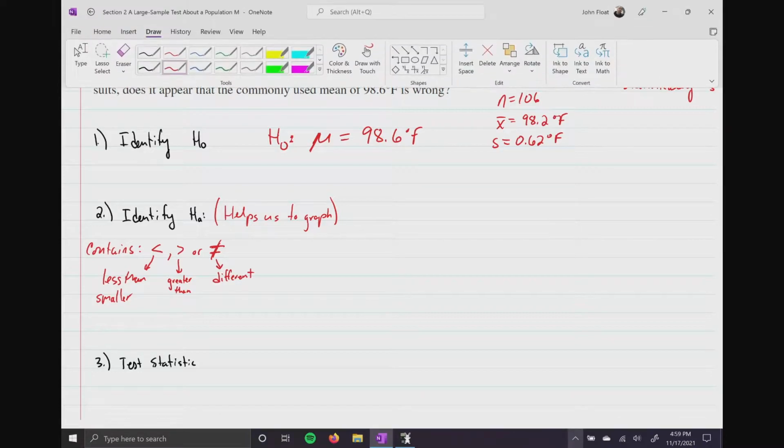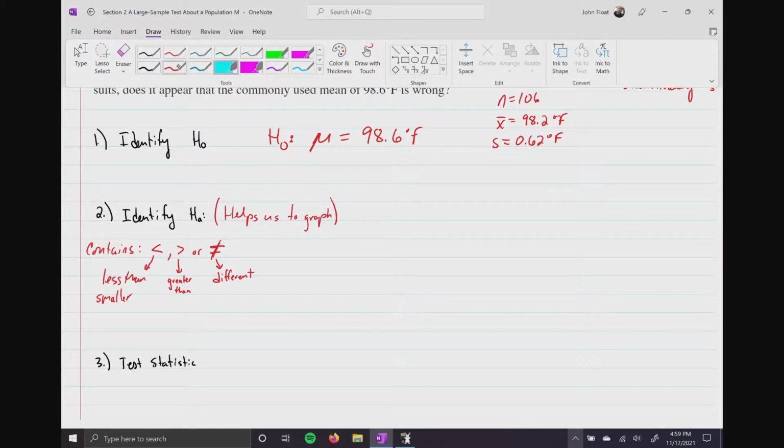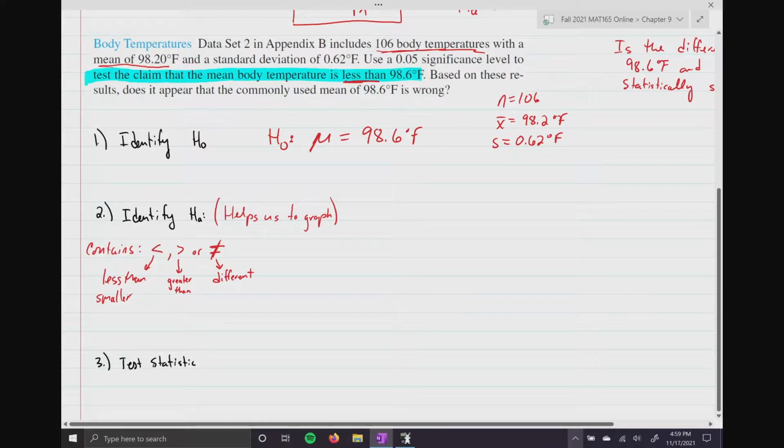But we'll use blue. I like blue. So if you read this problem right here, in the blue it says less than right there. So I know my alternative hypothesis is going to be mu is less than 98.6 degrees Fahrenheit.